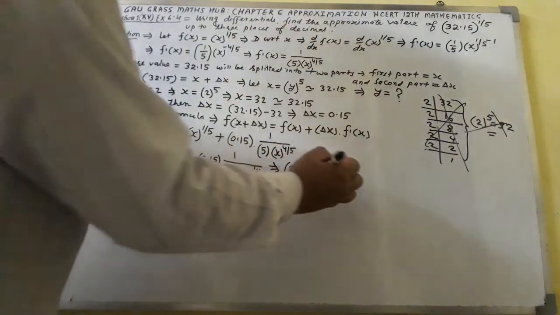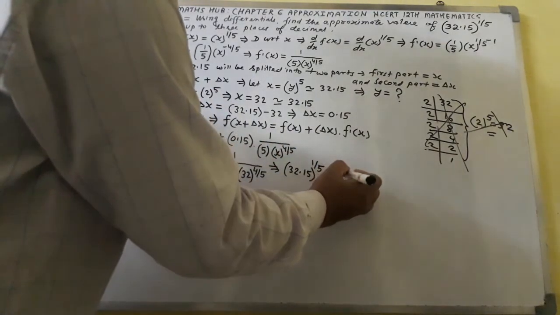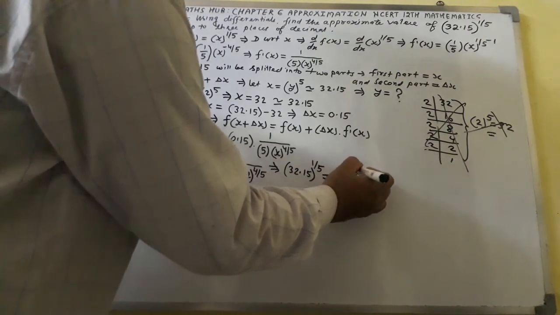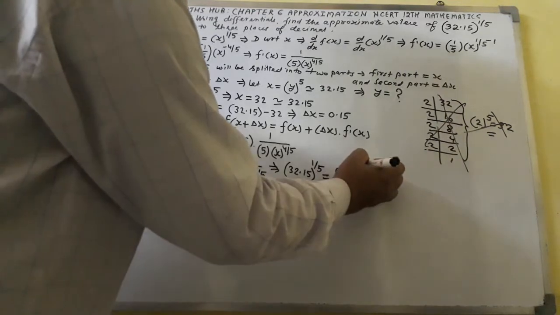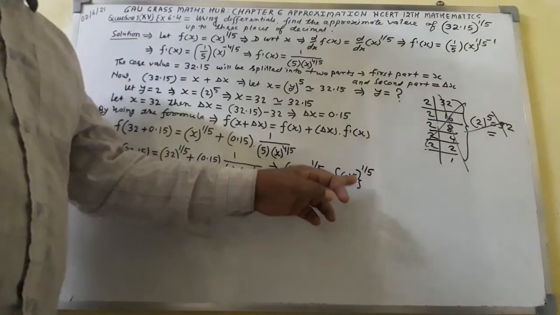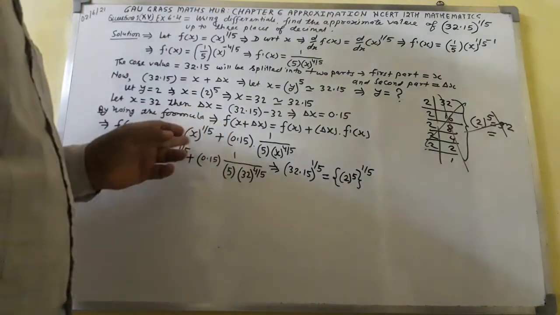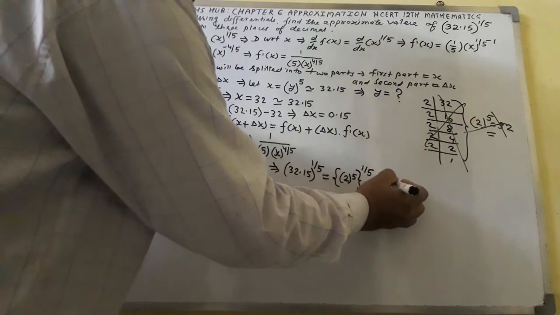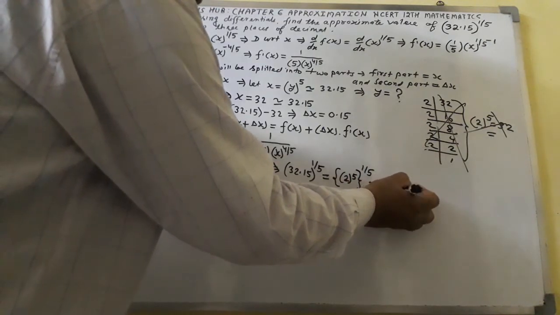So here, open curly bracket, 2 raised to the power 5 whole raised to the power 1 over 5. 2 raised to the power 5 comes out to be 32, raised to the power 1 over 5 plus 0.15.